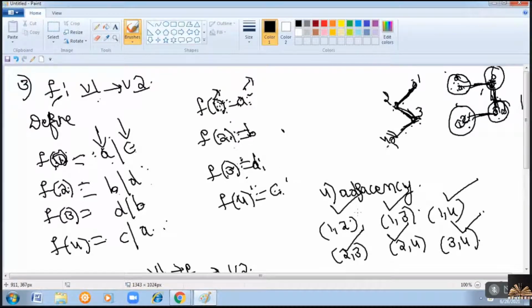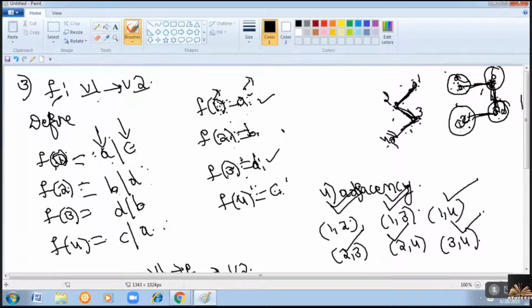Now here 1, 2 are adjacent in the first graph. What are their images? A, B. So if 1, 2 are adjacent, A, B should also be adjacent. Yes, satisfied. Now for 1, 3, they are not adjacent. Now check A, D. A and D are not adjacent, so it is also satisfied. 1, 4: 1 and 4 are also not adjacent.